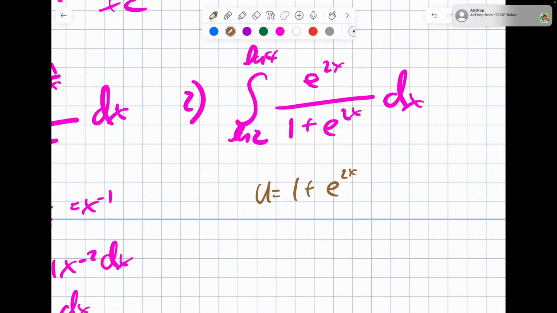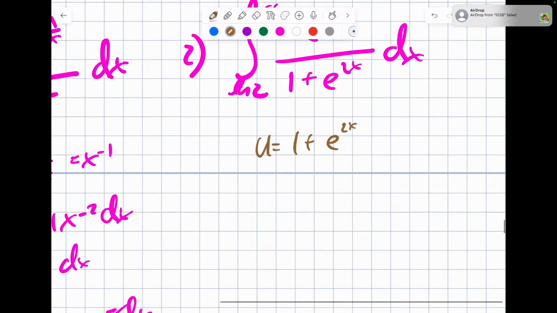Just do it in u, because your trig substitution is going to be way worse than this. It's going to be a page long, half a page long. It's going to be a lot of work. So you've got to build a concise, easy habit. I'm going to say it again, but you're not going to pay attention to me, but I'm going to take points off.